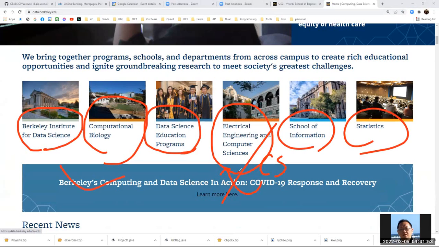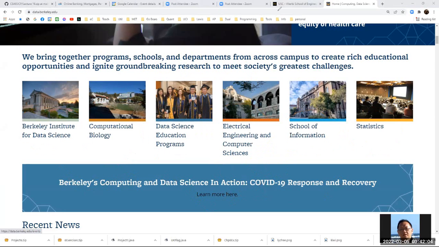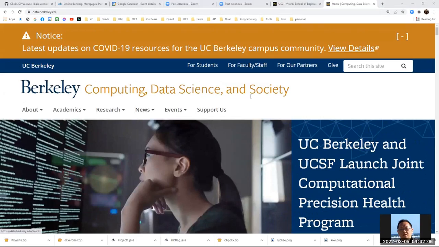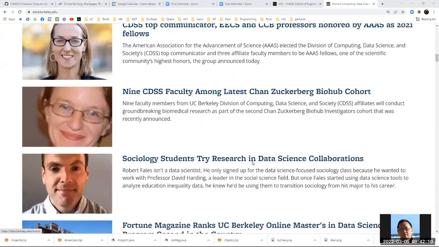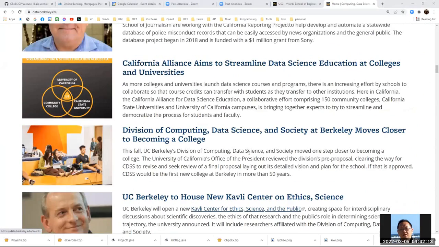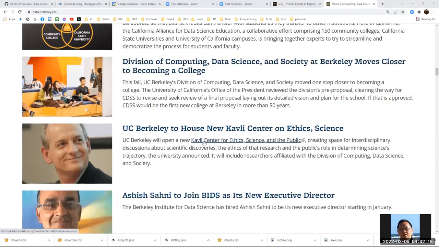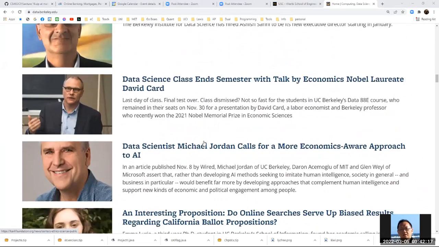Everything here is being put into a new organization called CDSS, Computing, Data Science, and Society. This is going to be a new college in Berkeley.